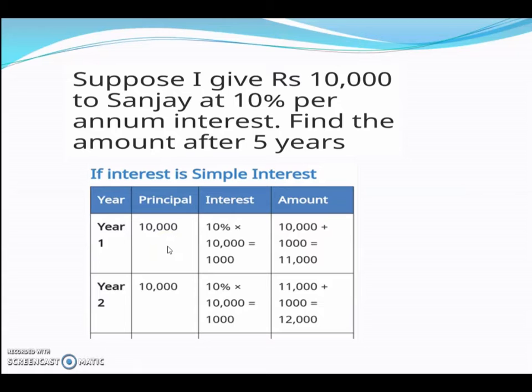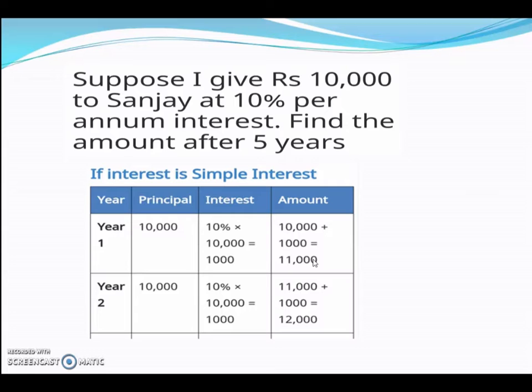At the end of 1 year, how much amount will I be getting? Interest will be 1,000, that is 10% of 10,000. 10 by 100 into 10,000, that is 1,000. This 1,000 will get added to the initial principal amount and the final amount will be 11,000.